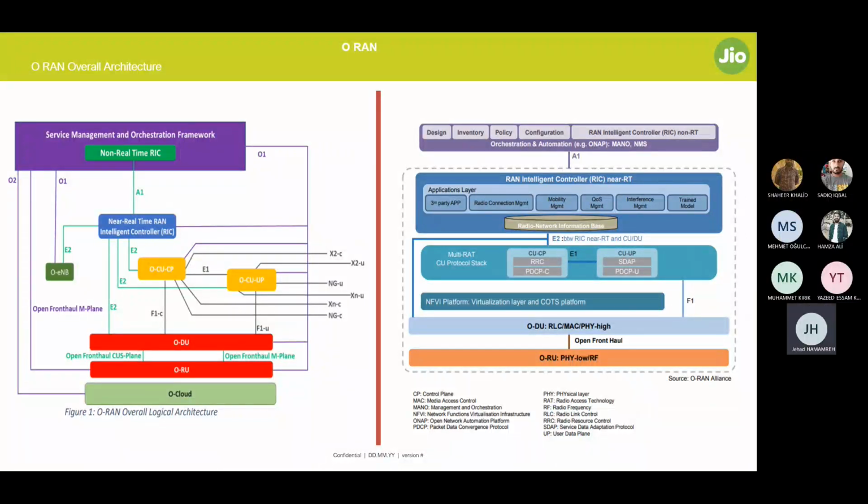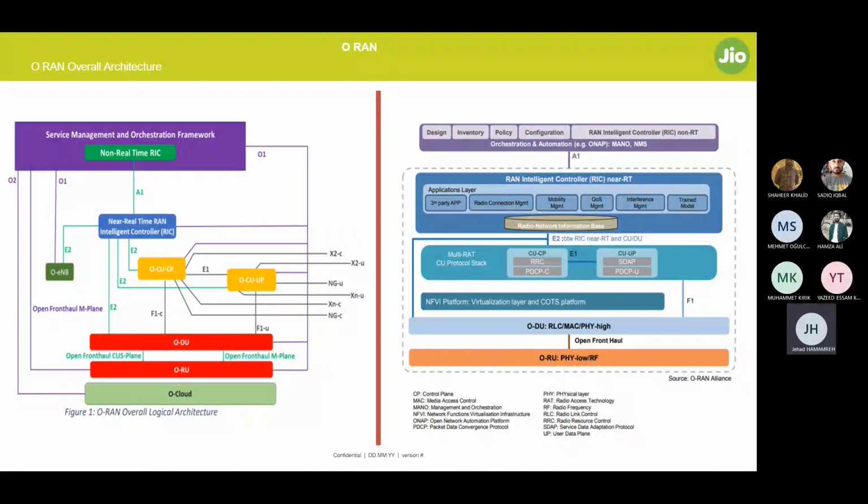And this can be multi-RAT. Multi-RAT means controlling multiple radio units from different vendors. You can control them from here. The CU-CP here consists of control functionalities. You have the RRC and PDCP.